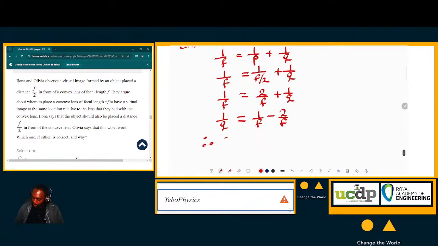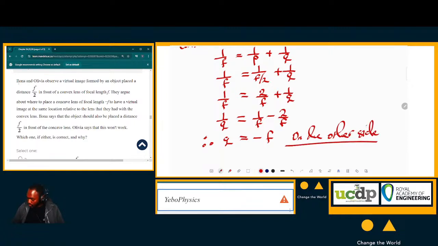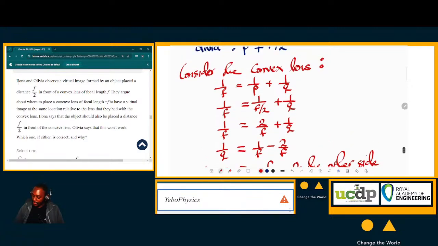Therefore, if you compute your q, it's going to be equal to negative f. So like we said, it's going to be on the other side, because q is negative. So this is the case for the convex lens, okay?